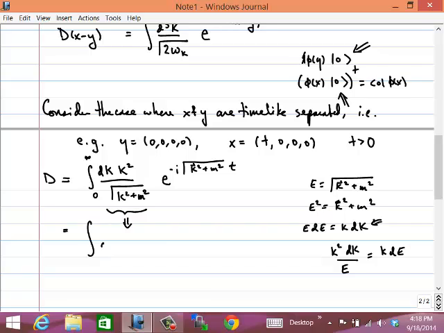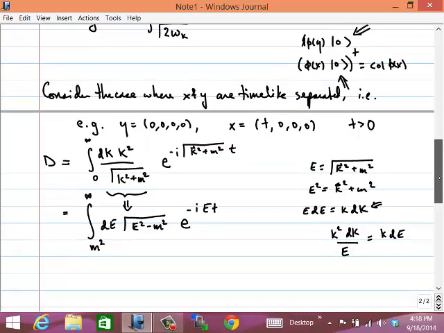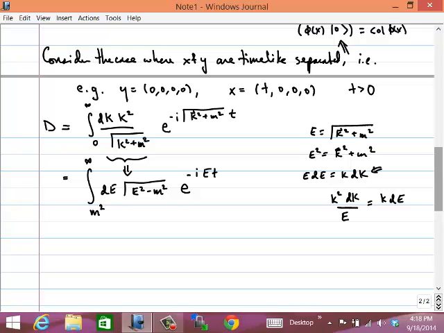So this is dE times the square root of e squared minus m squared times e to the minus i e t, integrated from m squared up to infinity. That's just a simple change of variables in the integral.